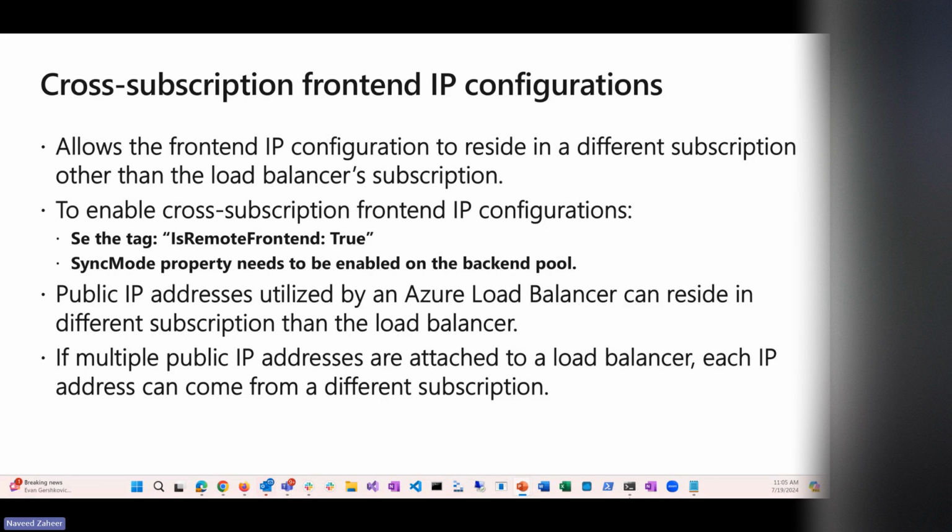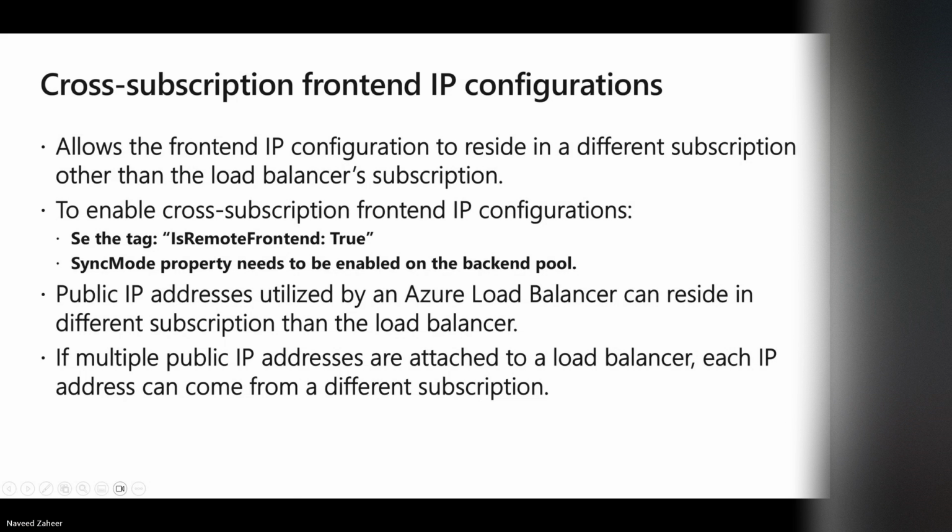Okay, so in regards to the cross subscription front end IP configuration, whenever you are doing a front end IP configuration, first of all, it can live in a separate subscription, as I've mentioned. You have to set the tag, forgive the typo, it has to be set to remote front end so that you should be able to do that.